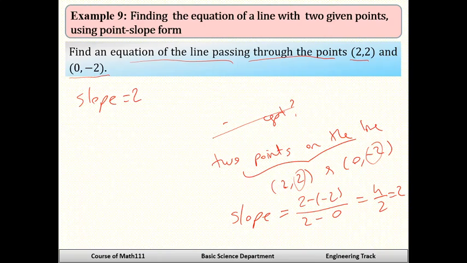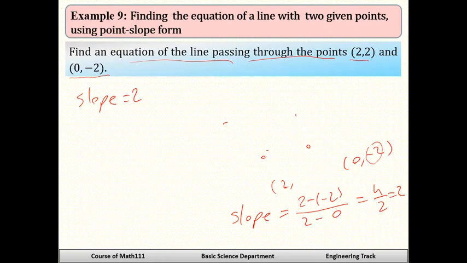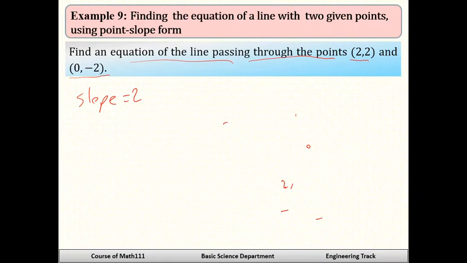Okay, we cannot use the y-intercept, but we can use one of the points on the line, because we know the point slope form. So let's take a point on the line. Which one? Okay, we can use this one, no problem.